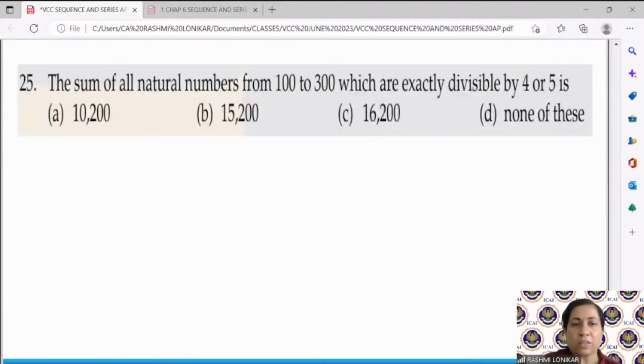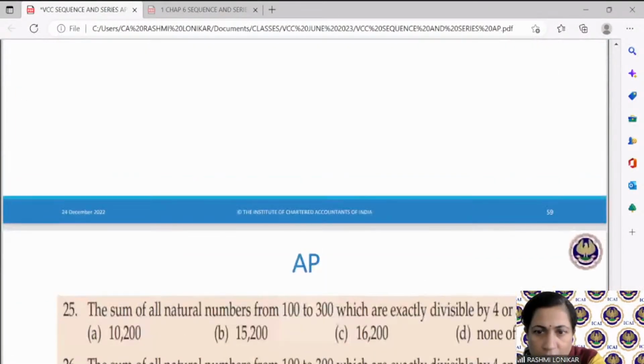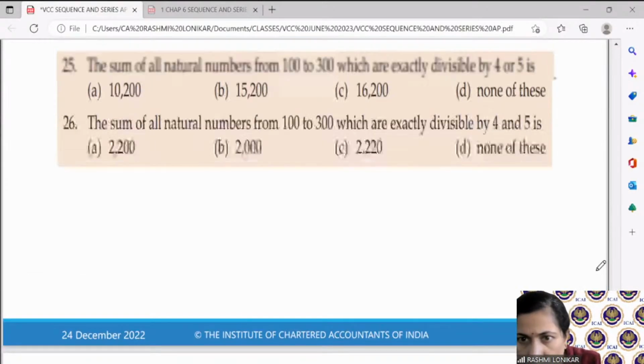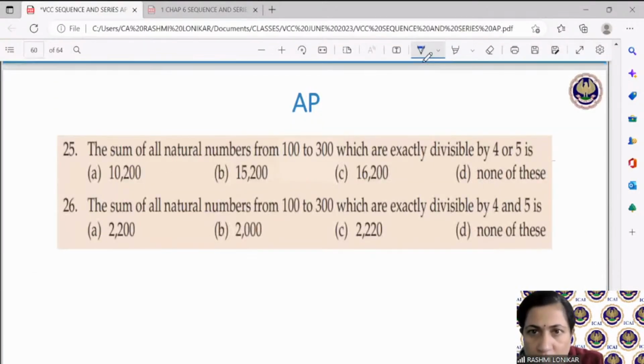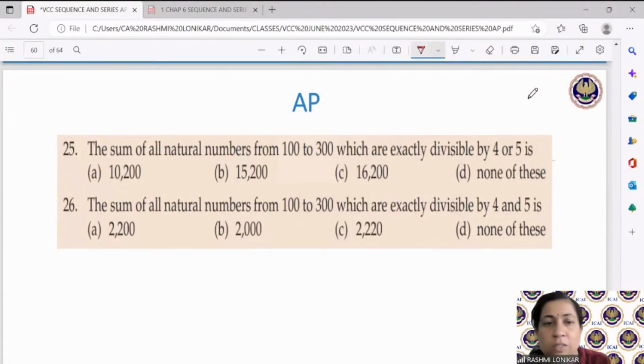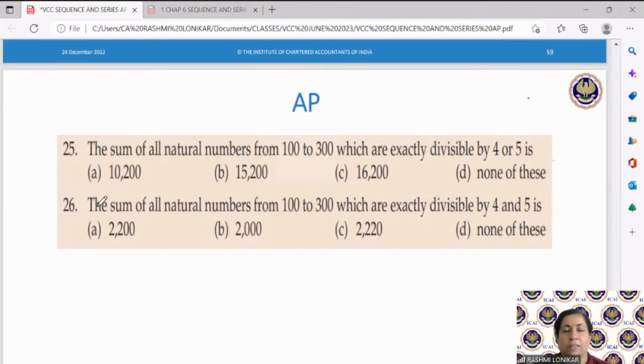The sum of all natural numbers from 100 to 130 which are exactly divisible by 4 or 5. Okay, yes, this is very important. I want to show you here. Please pay attention. See, 25th and 26th.